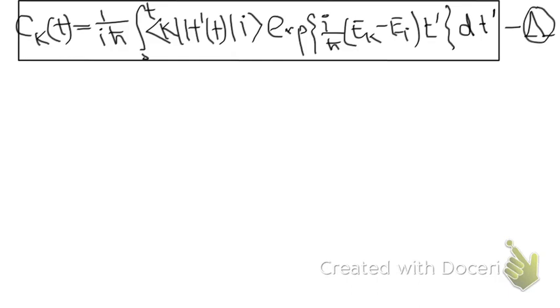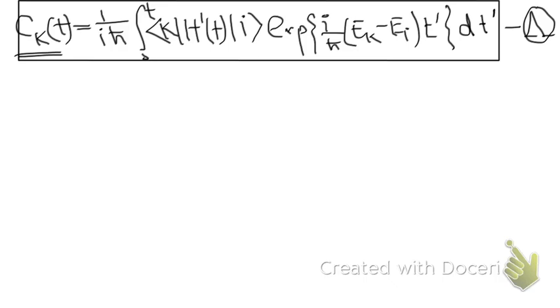Now we may say that this ck of t is a Fourier coefficient, in my frequency space, of the perturbation H1 of t at some Bohr frequency. So what is the Bohr frequency?